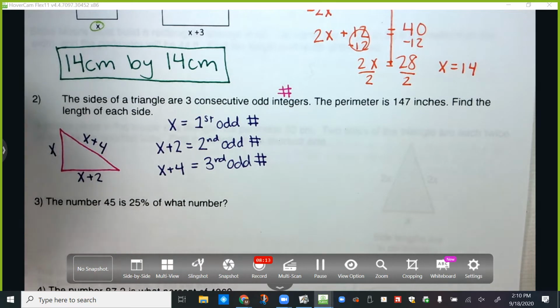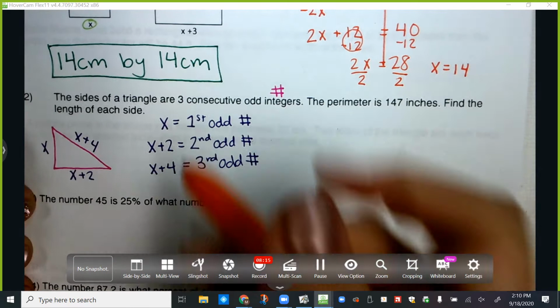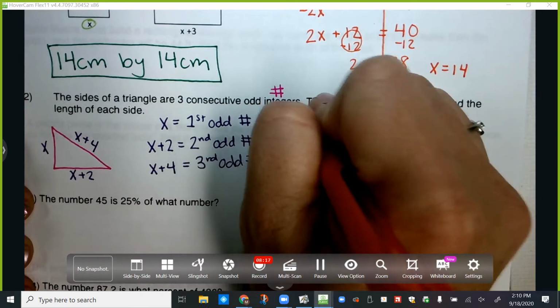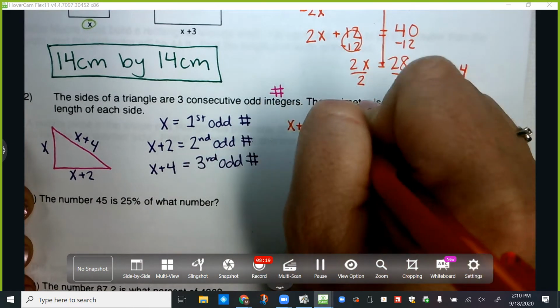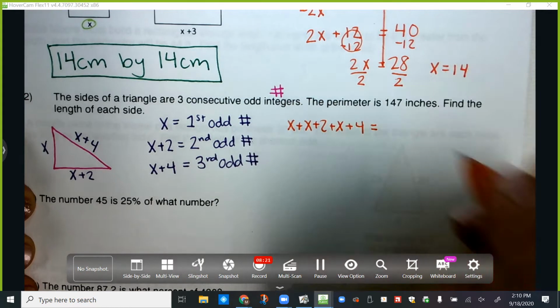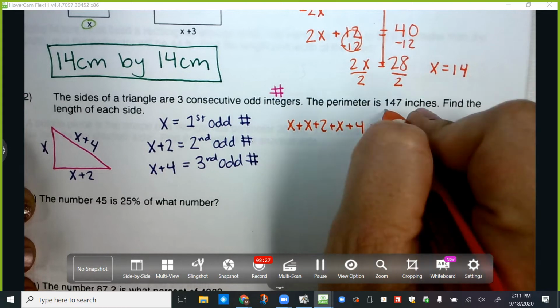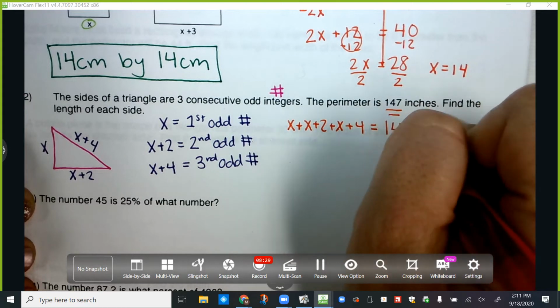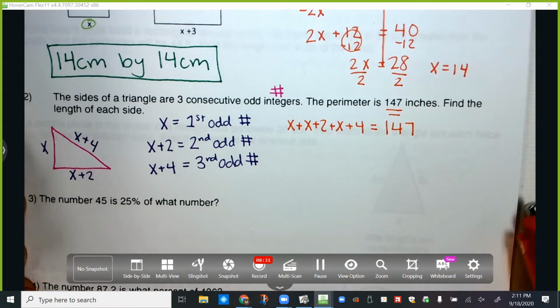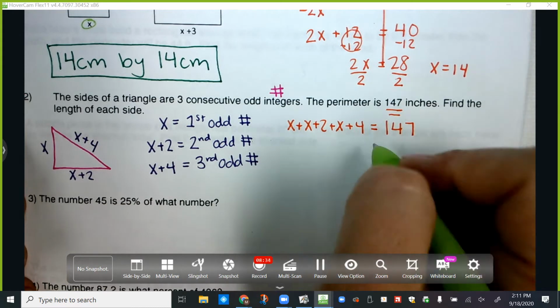Oh, okay. So now to find perimeter, we add all the sides. So X plus X plus 2 plus X plus 4 equals, what did it tell us the perimeter is? 147. Okay, so let's simplify.